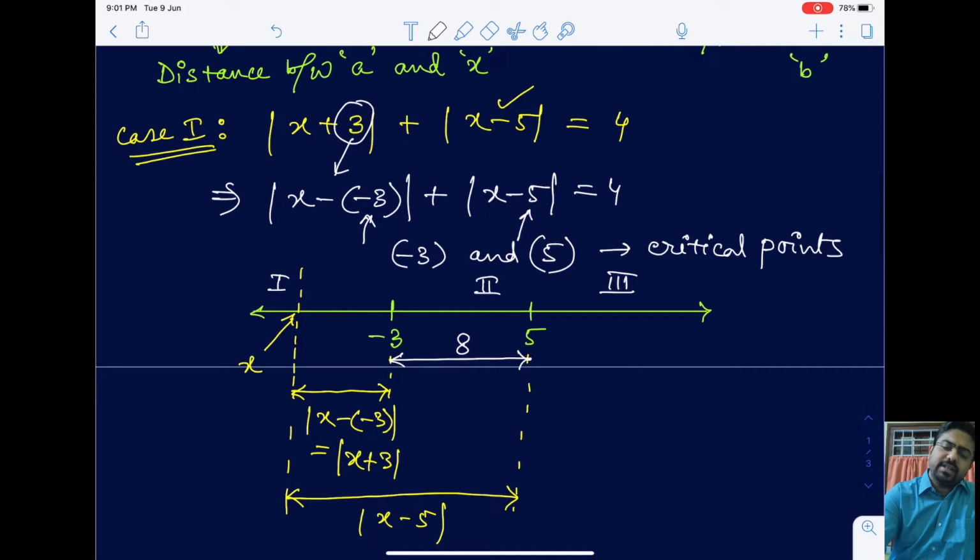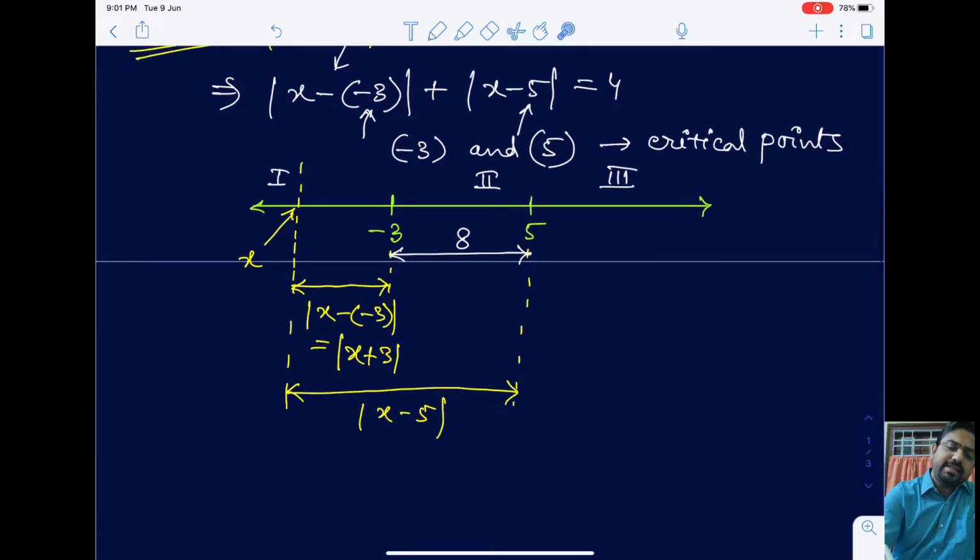Whereas in this first case the sum of the distances is given as 4, we can already see that mod of x minus 5 has exceeded 8. So for the equation to be satisfied, mod of x plus 3 would have to be negative, which is not possible because any modulus expression is non-negative, always greater than or equal to 0.